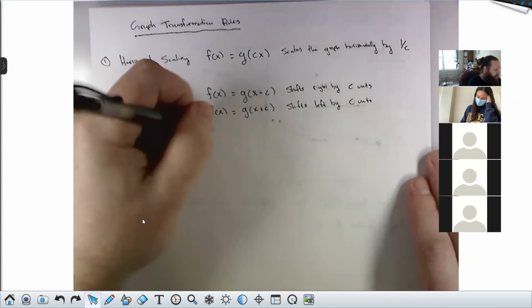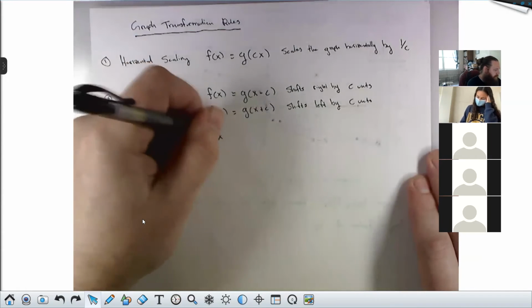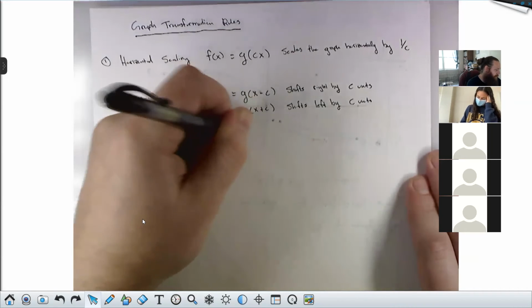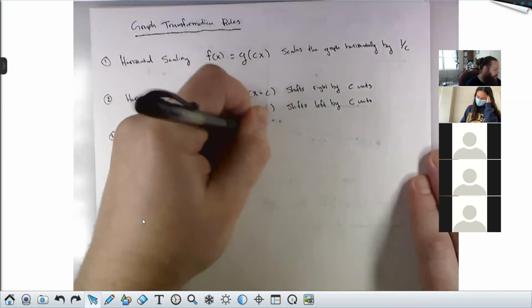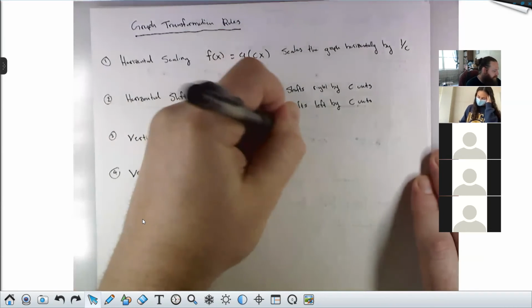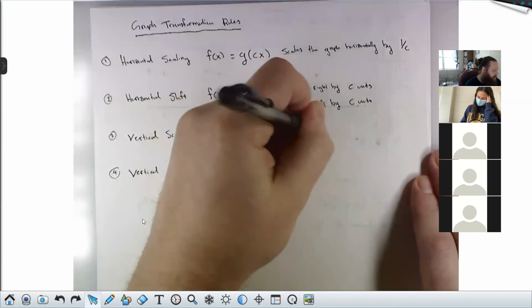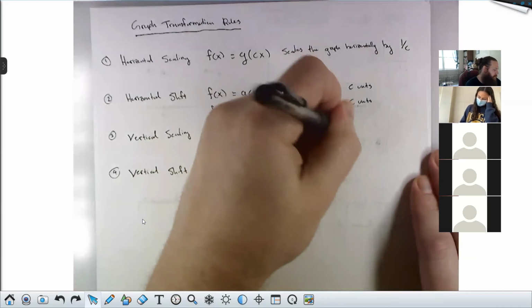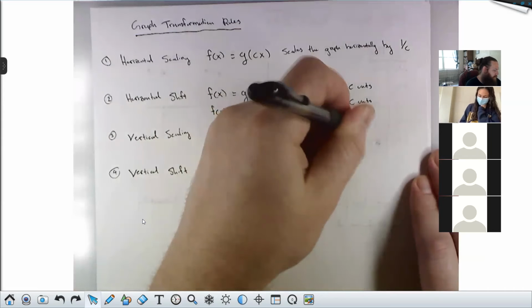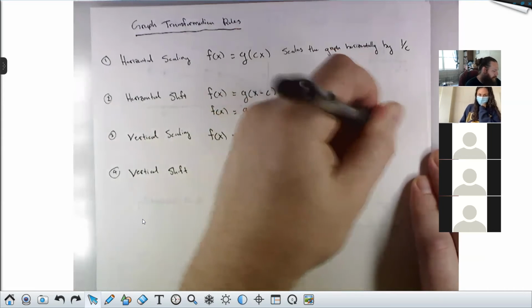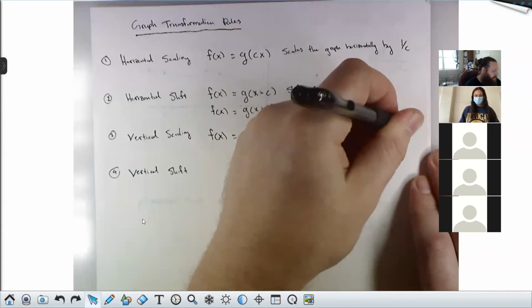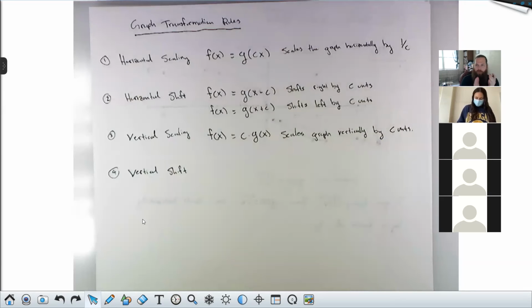Vertical scaling, if your function f of x is equal to some constant c times the parent function g of x, this scales the graph vertically by c units. So what do I mean when I say that? I mean, it multiplies all the y values by c.